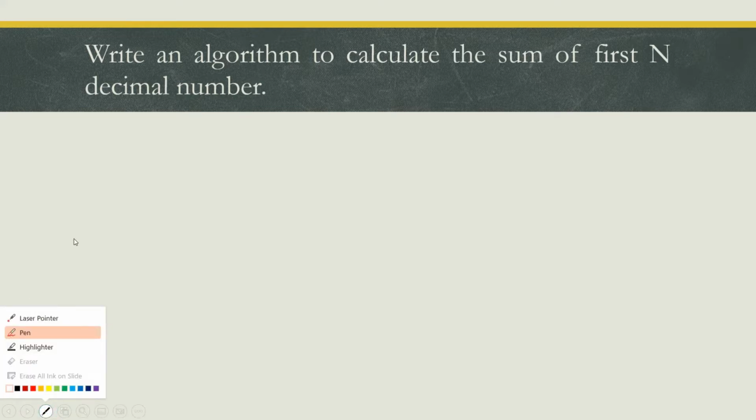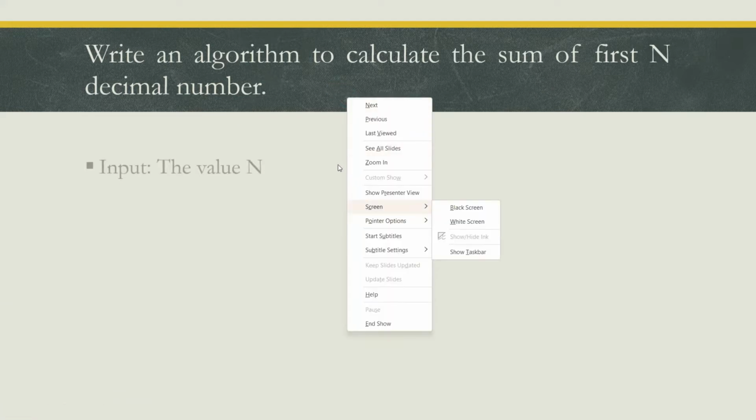So let's design the algorithm. If you want to do such kind of things in mathematics, let's say n is the last term, there is a specific formula to calculate the addition of first n numbers.